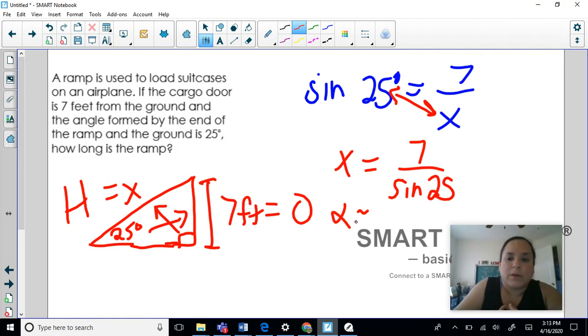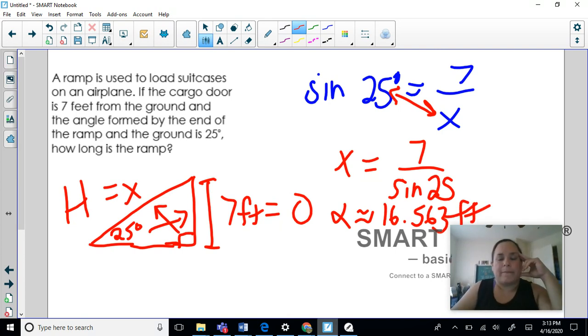And then when you plug it into the calculator, 7 divided by sine of 25, we get 16.563, and the unit would be feet because they described the 7 as 7 feet. So how long is the ramp? We would say that the ramp is about 16.6 feet long.